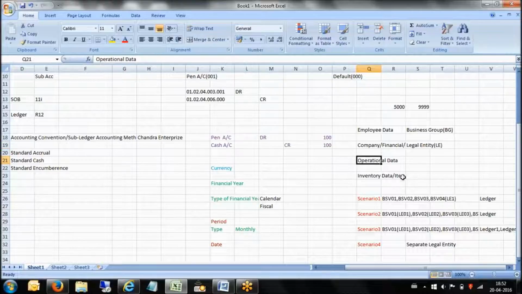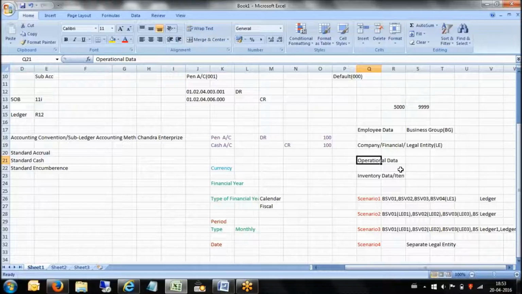Then it comes to operational data that we need to secure. What is this operational data? Operational data is generated when you do business operations with your third parties. And there are three third parties in business: one is supplier, one is customer, and one is bank.